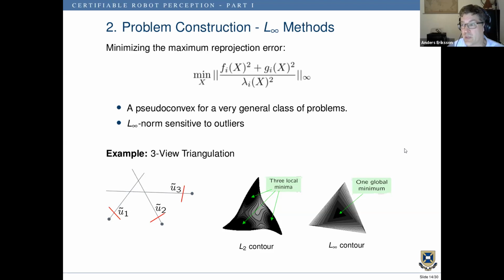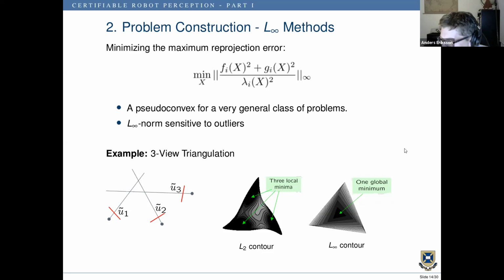There are no local minimas in such problems. The norm that you normally would use in this situation is the L2 norm, but that has been shown to be non-convex, and it also results in many local minimas.